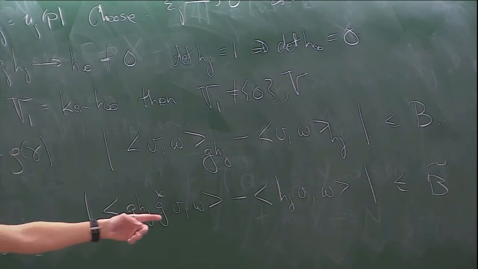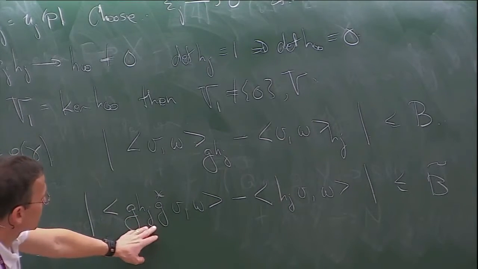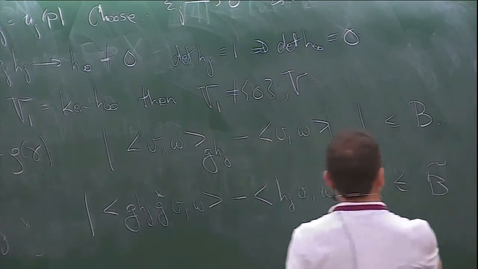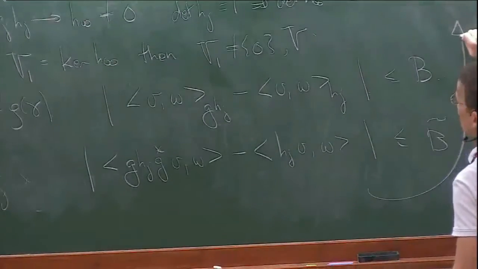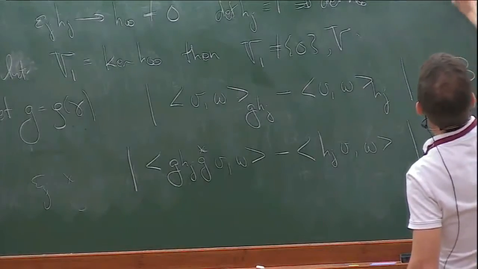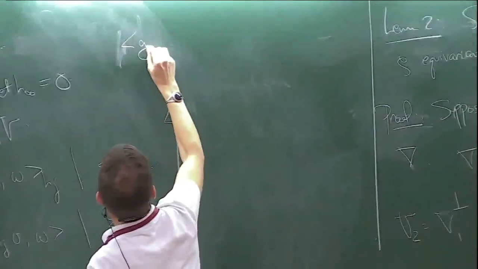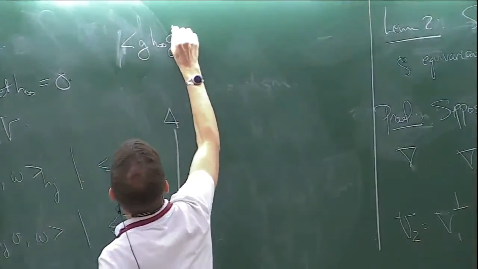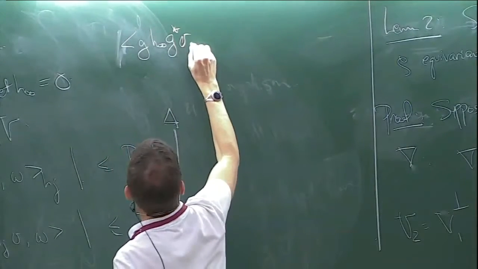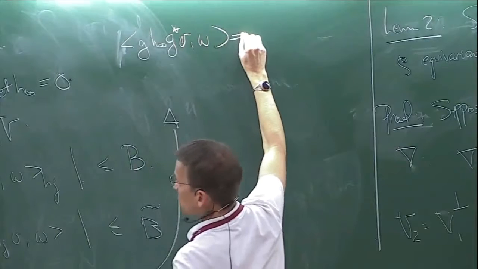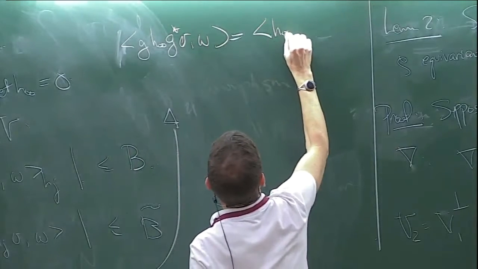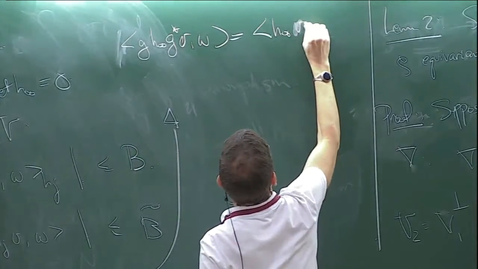The right-hand side goes to 0, and over here I get convergence. So that implies that G H infinity G star (V, W) is equal to H infinity (V, W).